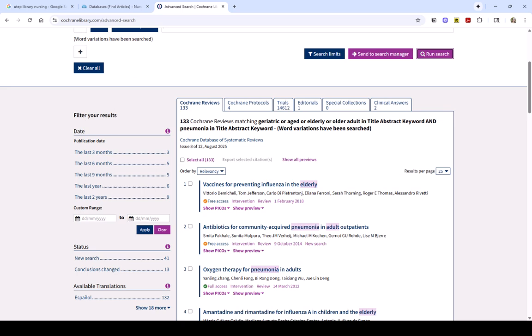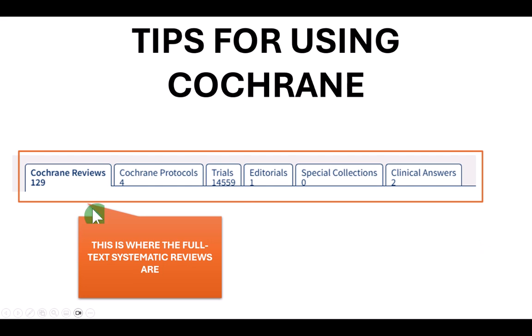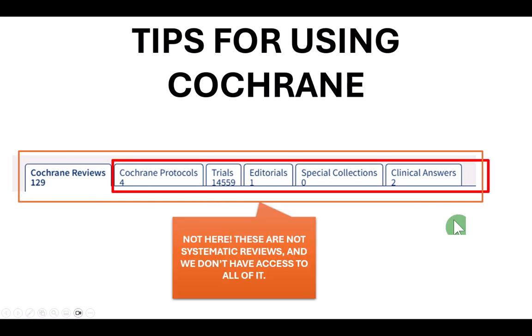And so I do want to give you some tips on Cochrane. This is the menu option that we saw just a bit ago on the Cochrane Library database. This is where the full text systematic reviews are, but there are also other tabs. You don't want anything in these tabs.